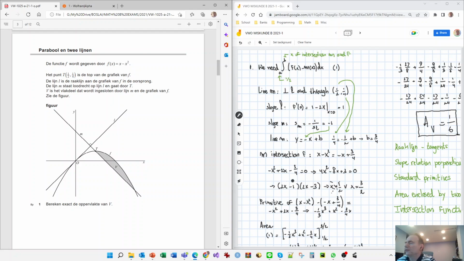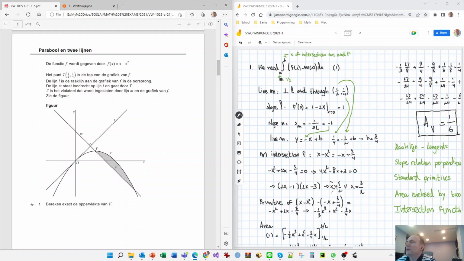And this is what you get. X is 1/2 and 3/2. X is 1/2 is actually t here, so we wanted to calculate b, so we take the other one, 3/2.